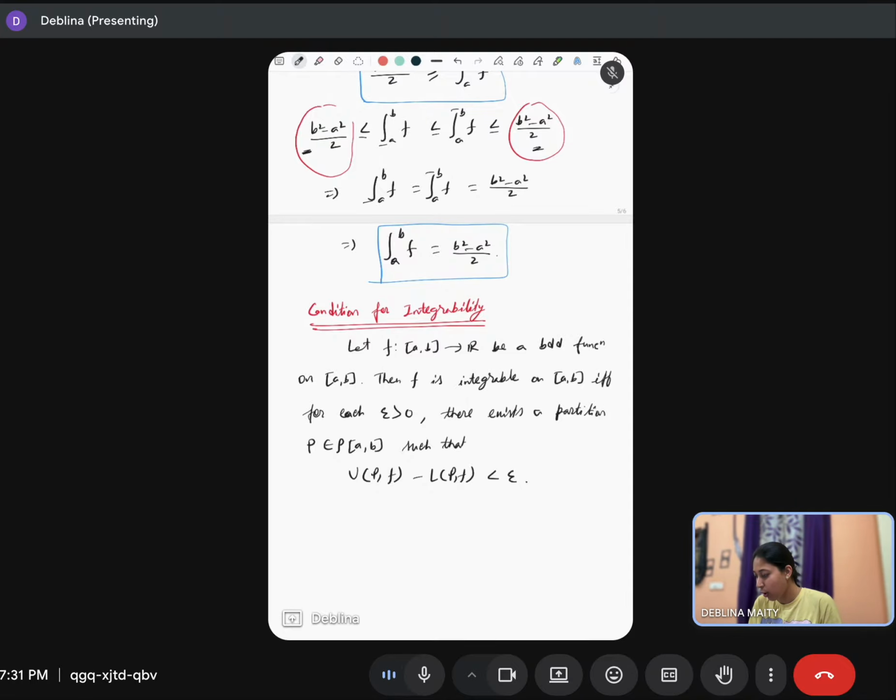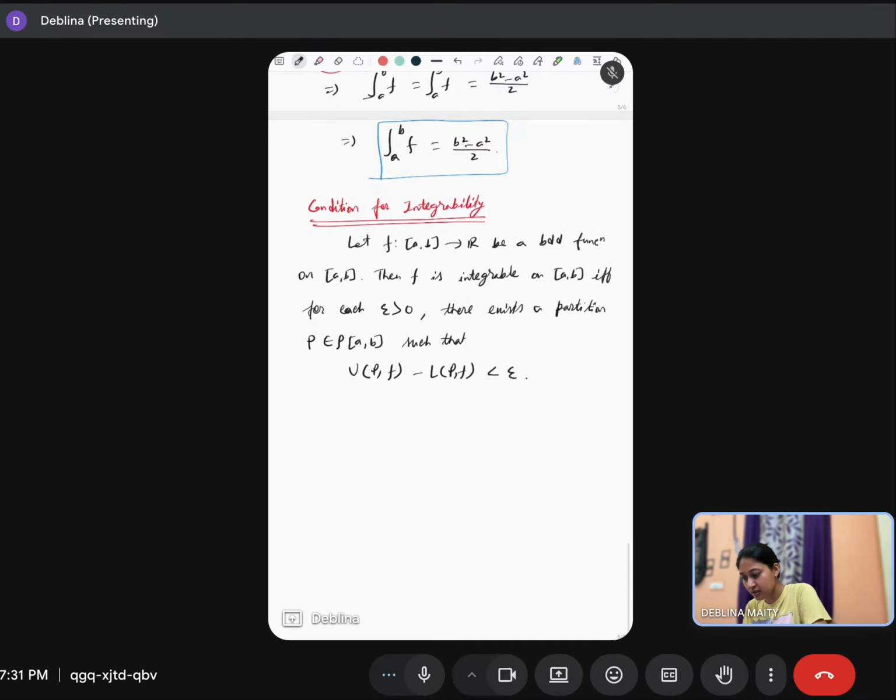Now we'll define the norm of a partition. Now what is the norm of a partition?